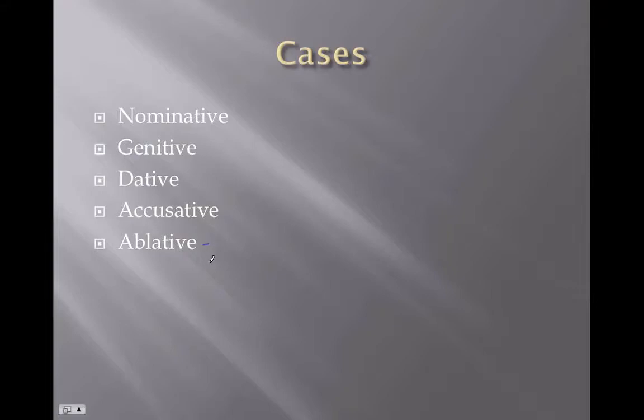And this is translated in many, many different ways. It can show us place where with prepositions. So, I am sitting on a chair. Chair is going to be in the ablative, and we're going to use a word in Latin, in, with that ablative of chair to show us where. It can also be translated all by itself, by or with, when it shows the tool.